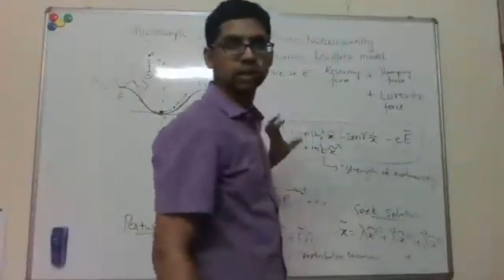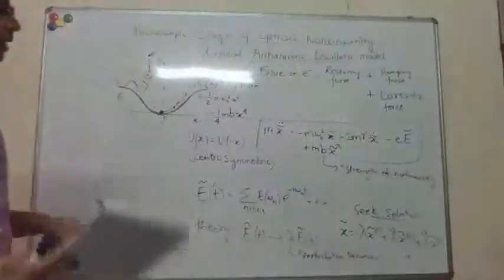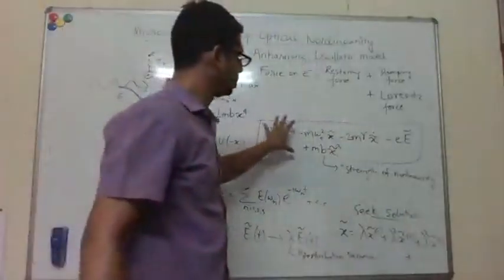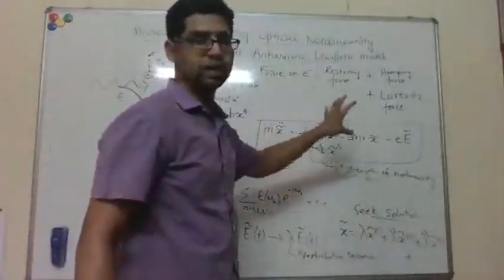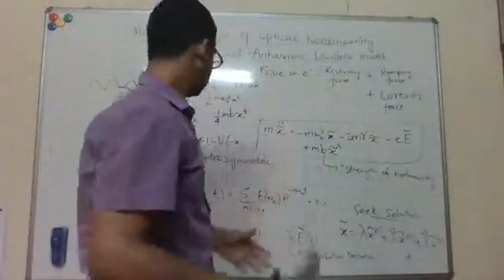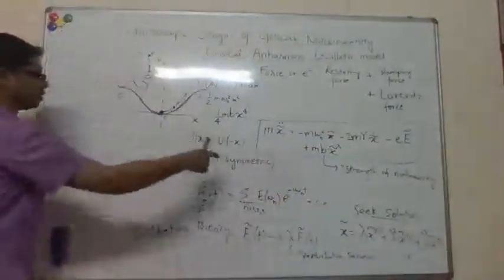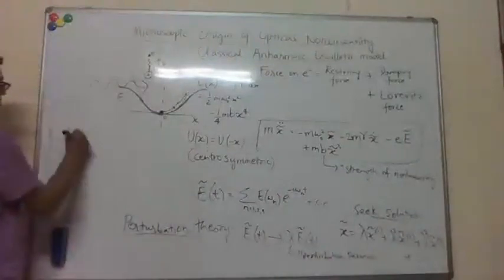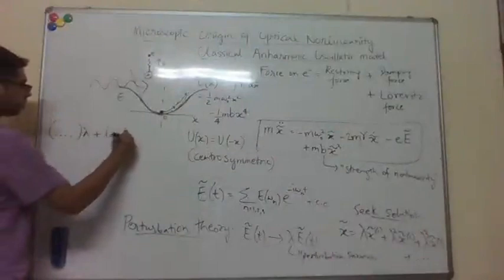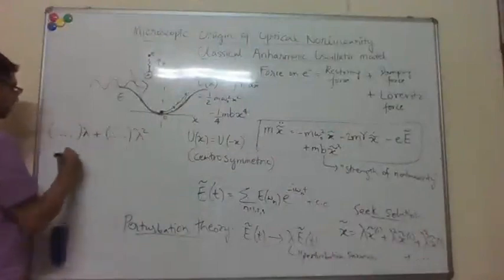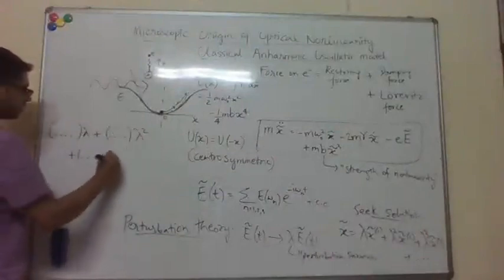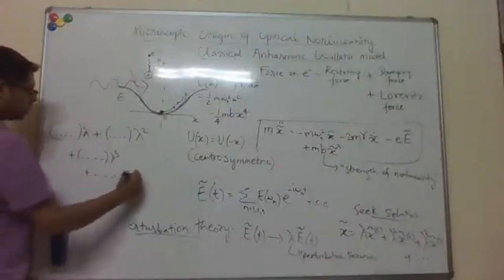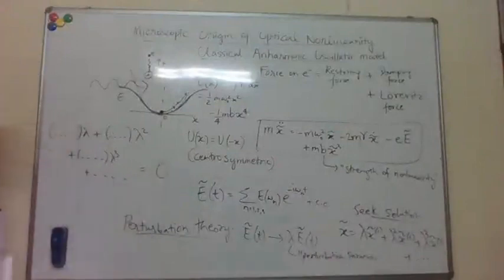In this equation, if this equation has to hold, then when you plug that in and take all the terms on one side, you'll get some coefficients times lambda plus some other coefficients times lambda square plus some other coefficients times lambda cube and so on, equal to 0.